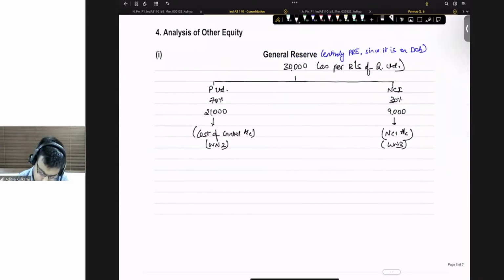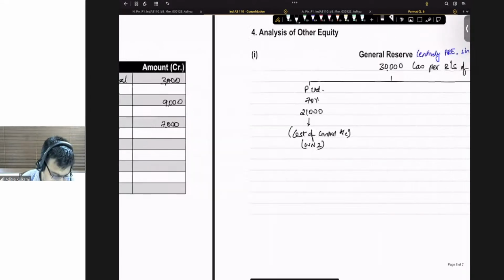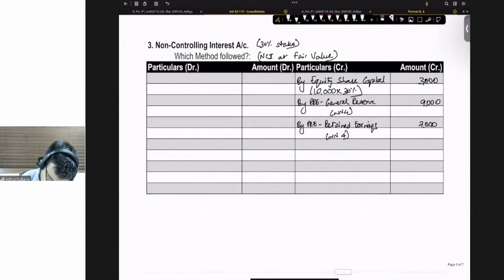Okay, so once this is done, by pre-retained earnings, working note 4, 7,000. Sorry, this is NCI, right?